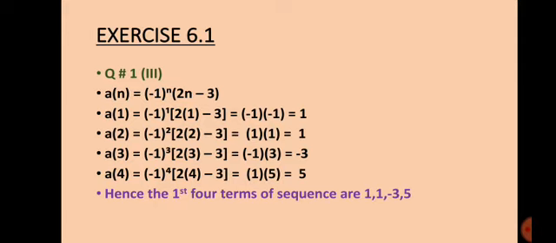So minus 1 multiplied by minus 1 is equal to 1. So if we put n is equal to 2, we will get minus 1 raised to power 2, and 2 is an even number, so minus 1 will be converted into plus 1, and 2 multiplied by 2 is 4, 4 minus 3 is equal to 1. So 1 multiplied by 1 is equal to 1.